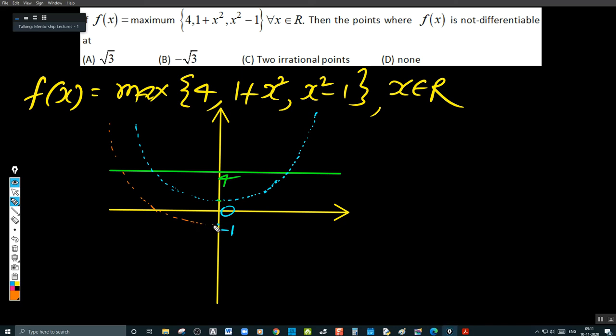Now these are all not required according to the question, but I'm showing the entire graph. These are all not required according to the given question because we need only the maximum value of it.